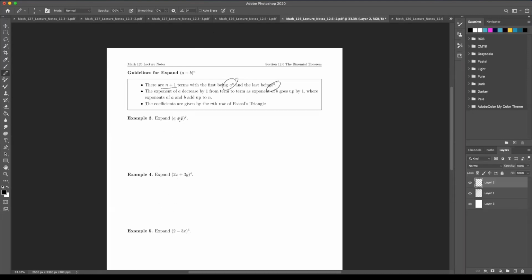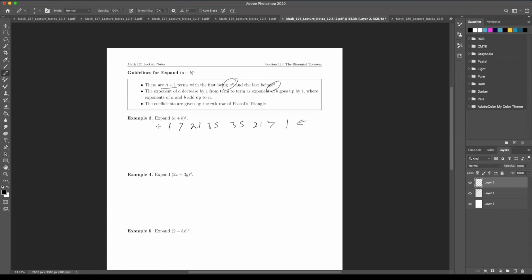So here I have a plus b to the 7. Well, we have our 7th row. I'm going to rewrite the 7th row on this paper so you can see it: 1, 7, 21, 35, 35, 21, 7, 1. So that's our 7th row of the Pascal triangle.